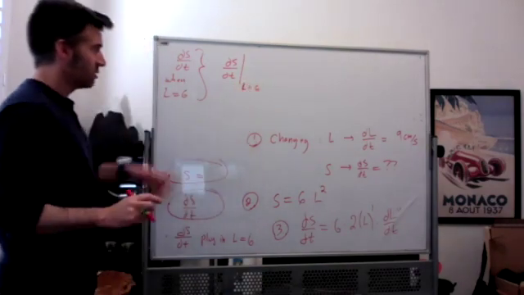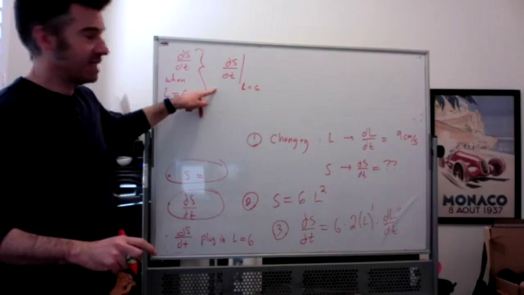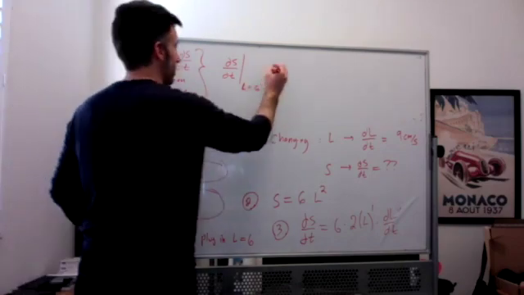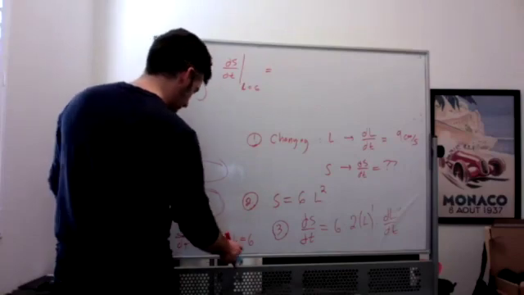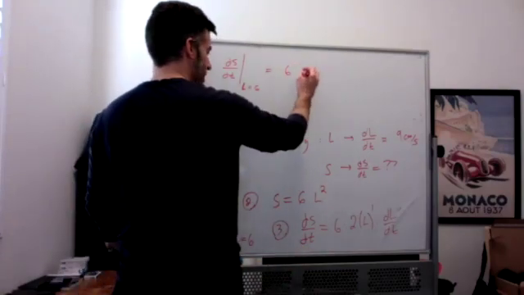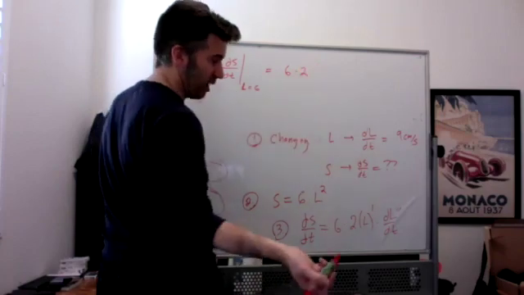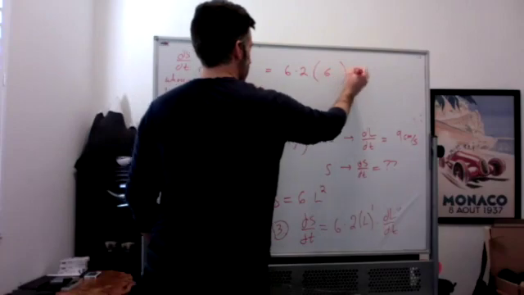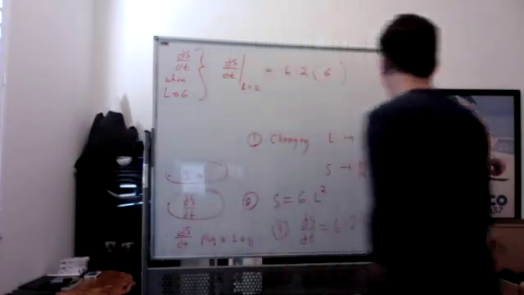This means the derivative of S with respect to t evaluated at L equal to 6. I'm going to write my formula. It's going to be 6 times 2, I guess I could have written 12, times L, which is 6, times dL/dt, which we know is 9.